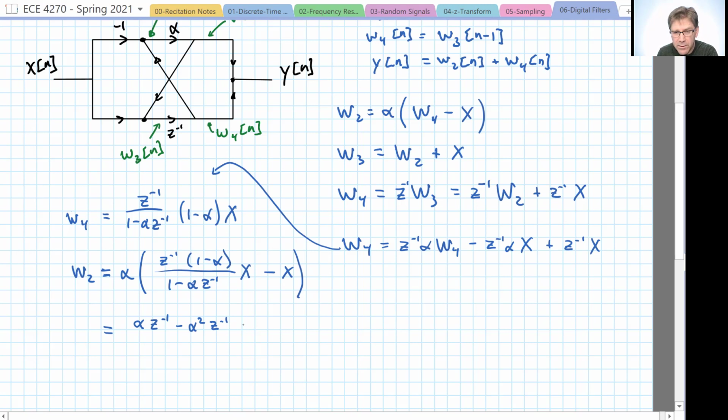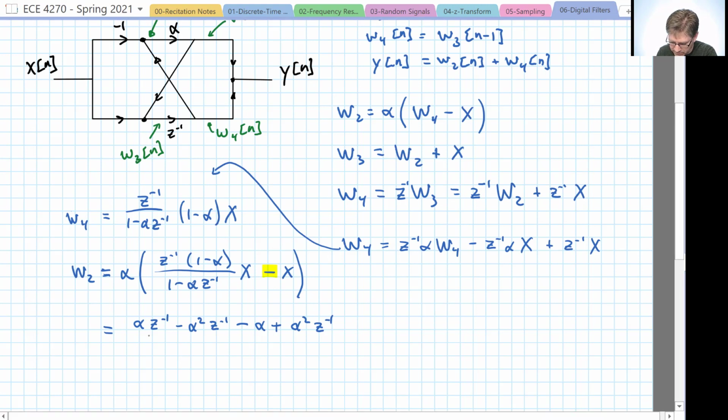And then when we combine these terms here, 1 minus alpha z to the negative 1, and we'll multiply it by alpha, is going to give us alpha plus alpha squared z to the minus 1, and actually I neglected to take into account that negative.